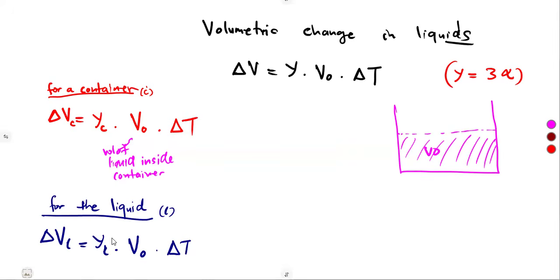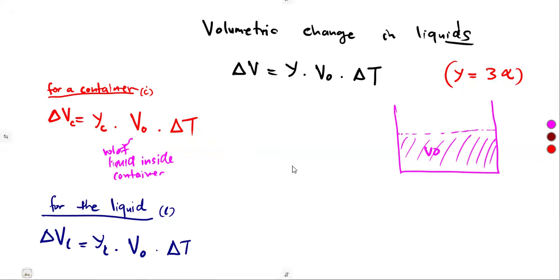With these formulas, there can be a condition where they need you to determine the actual volume increase of the liquid in a container. The actual volume increase can be determined from the sum of these two, the change in liquid and that of the container.